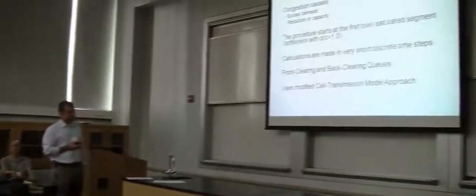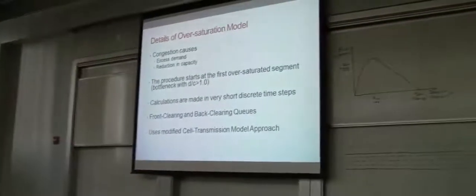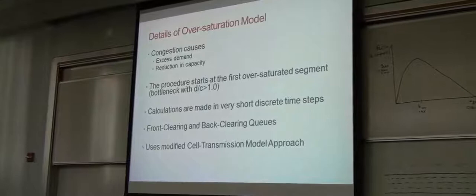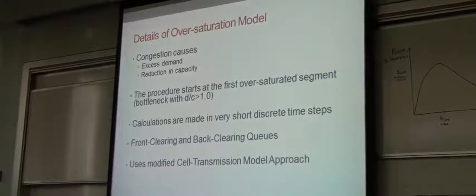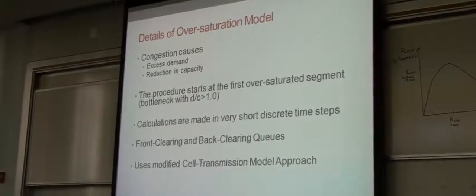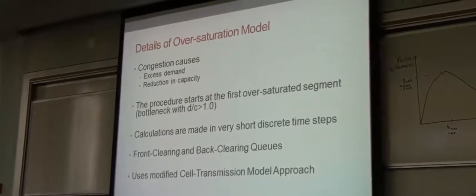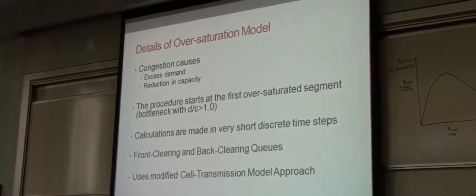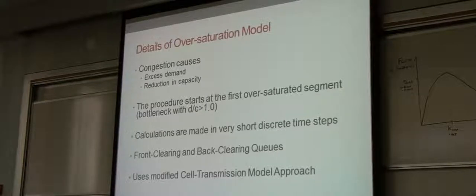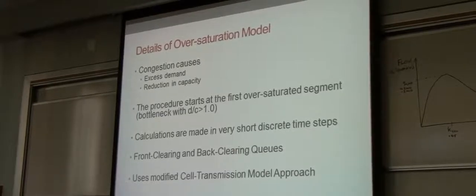So this procedure starts if any segment has D over C greater than 1, and what happens is that these calculations are done in very short, discrete time steps, in what I've called here a modified cell transmission approach. And that's really the key to understanding this methodology. It allows you to handle front clearing queues and back clearing queues. Back clearing queues is your standard congestion where you have a bottleneck, you have demand that increases, capacity is fixed, the demand drops, and then the queue slowly clears from the back.